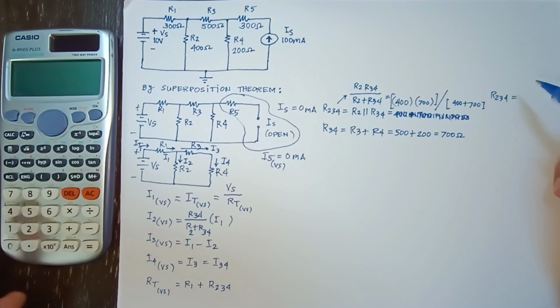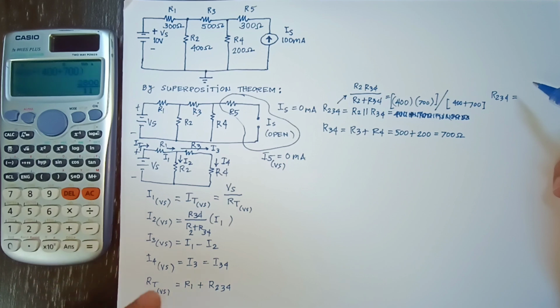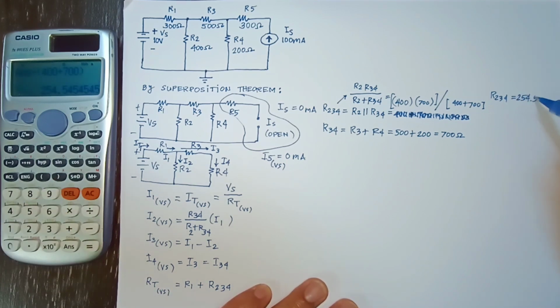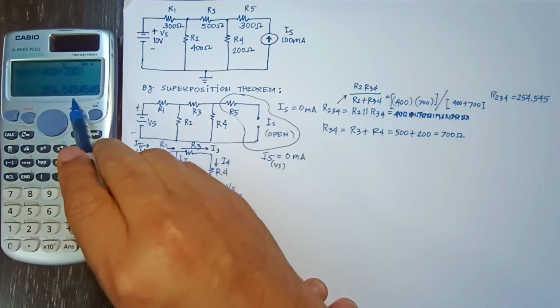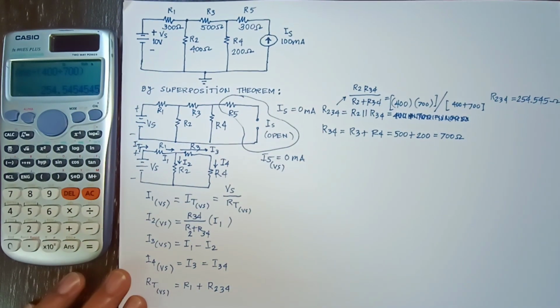Let's use the scientific calculator and calculate the answer for R234. We got the answer of 254.545 ohms.